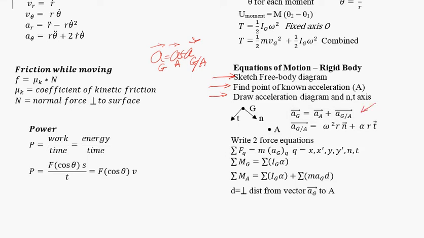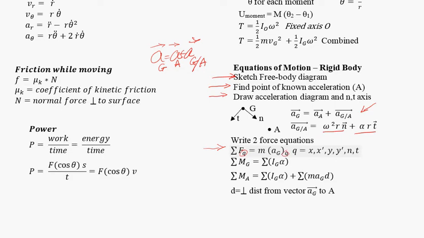And then you can substitute for the acceleration of A, and for G relative to A, you can substitute the normal and tangent values, omega squared r and alpha r. Then you need to write two force equations, where Q represents the axis for which you're writing those.